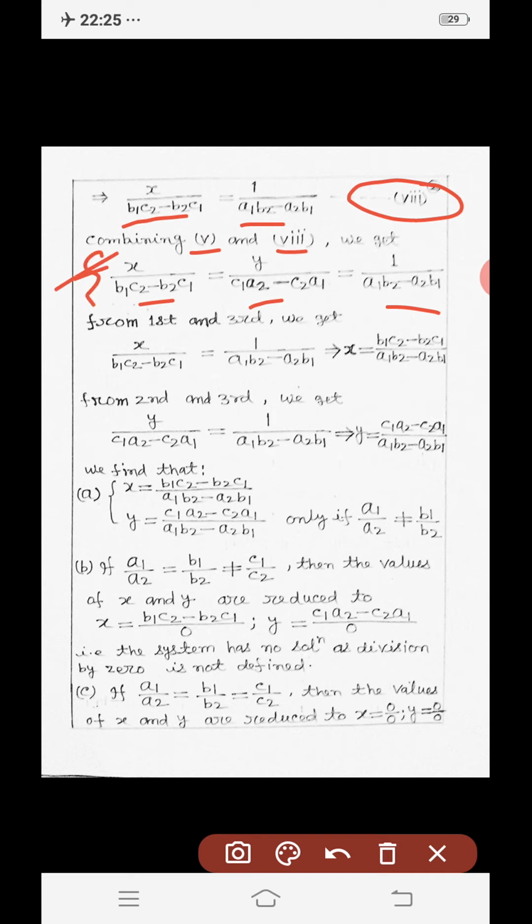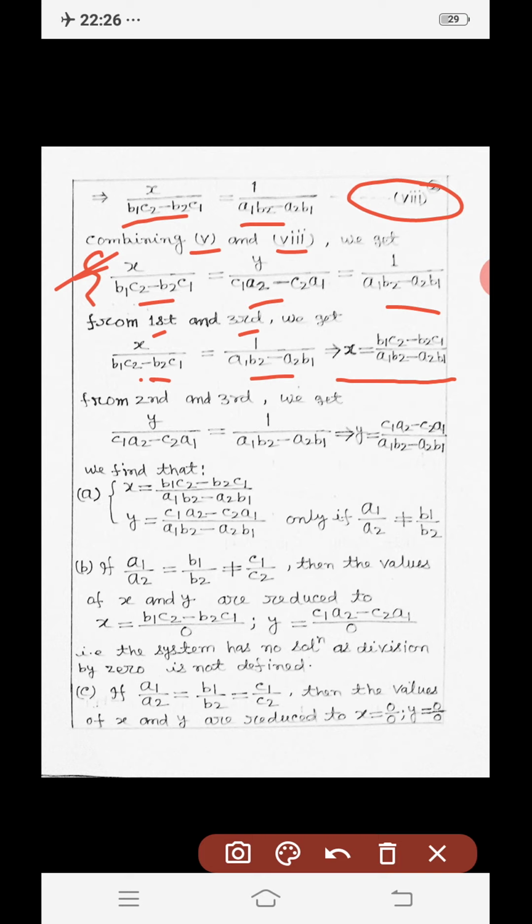Now from first and third, we get x by (b1 c2 minus b2 c1) equal to 1 by (a1 b2 minus a2 b1), and this implies that x is equal to (b1 c2 minus b2 c1) by (a1 b2 minus a2 b1).